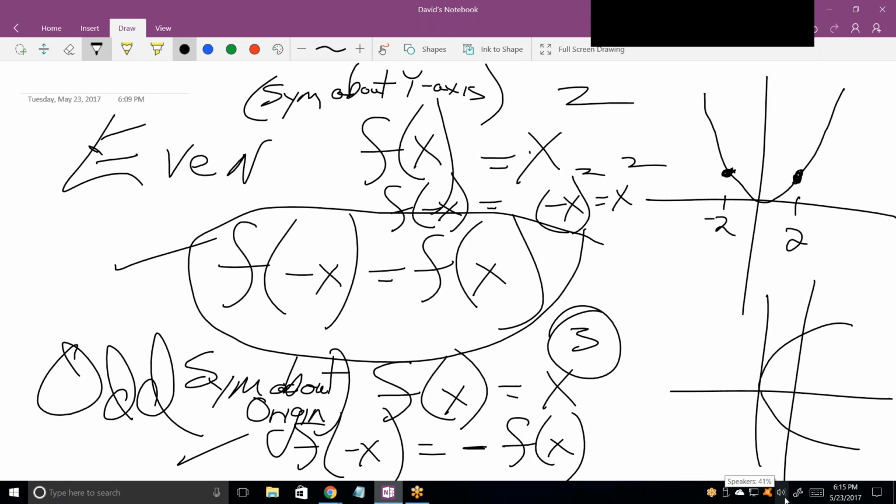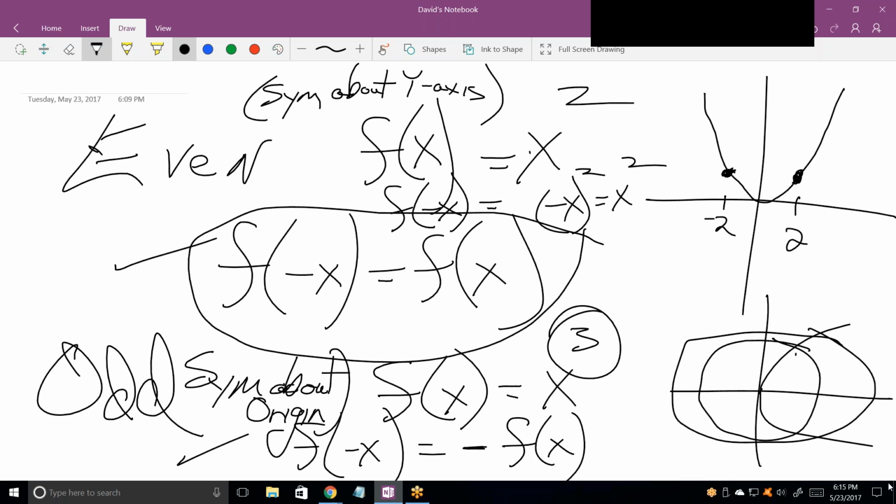That's not a function. So you cannot have symmetry about the x-axis for a function. You can have it for lots of things. You can have it for a parabola, like that. Or you can have it for a circle like that, or an ellipse like that.